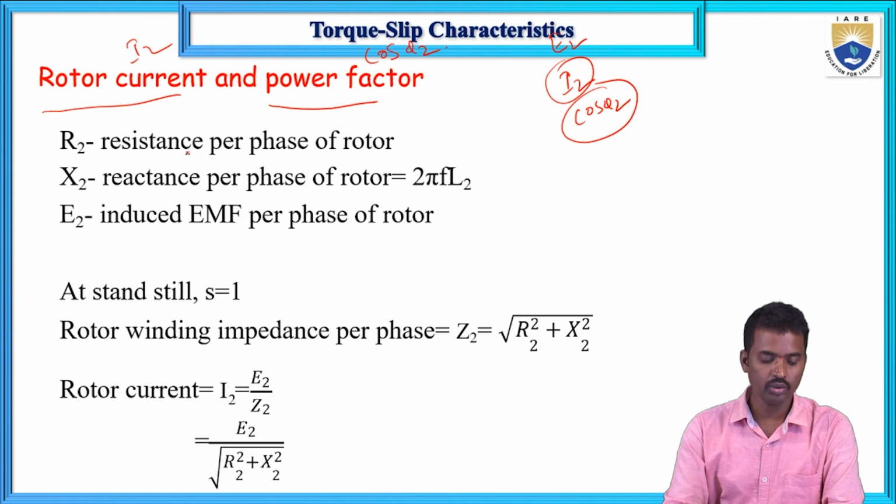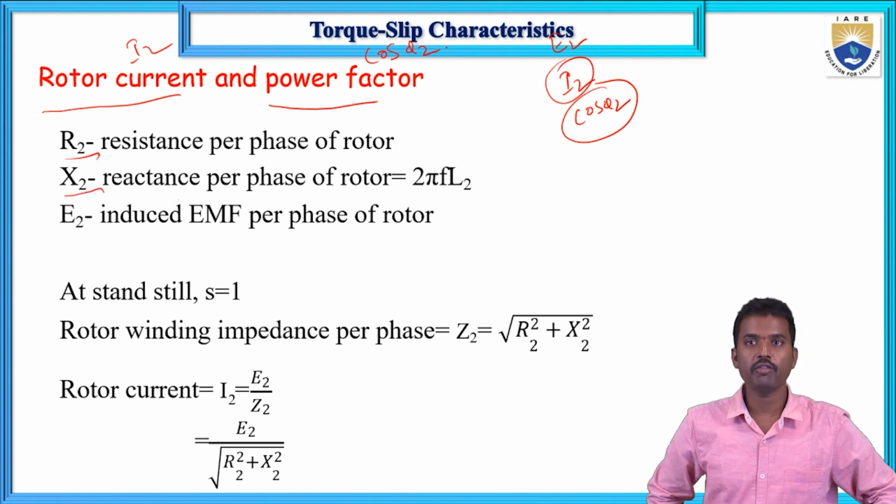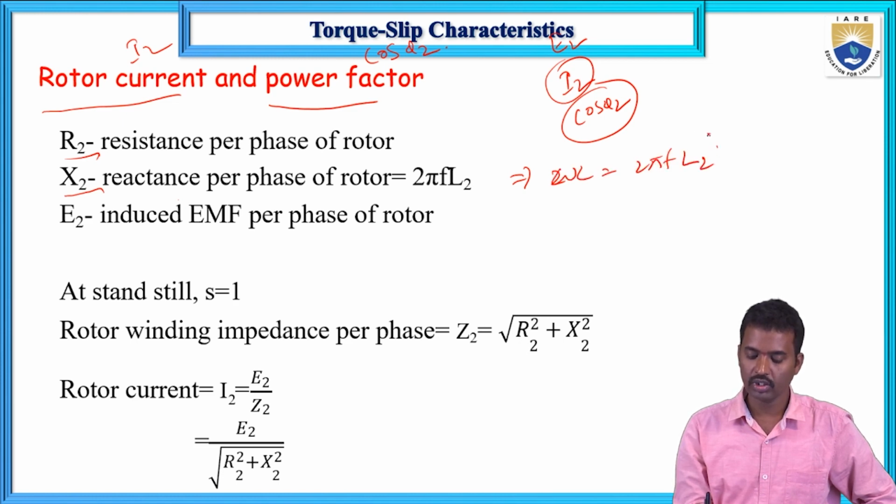Here R2 is the rotor resistance per phase of the rotor, and the rotor reactance per phase is X2, which equals omega L, that is 2 pi f L2, where L2 is the rotor inductance.